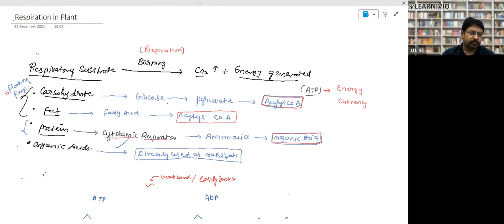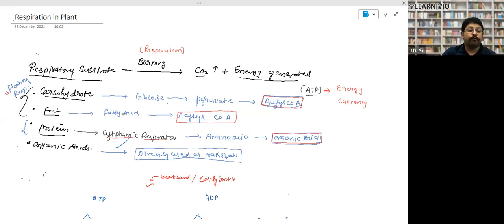Look, when we eat carbohydrate, it will break down into glucose. Glucose will break down into pyruvate, and pyruvate will convert into acetyl coenzyme A. Finally, acetyl coenzyme A will burn and produce energy. What about fat?